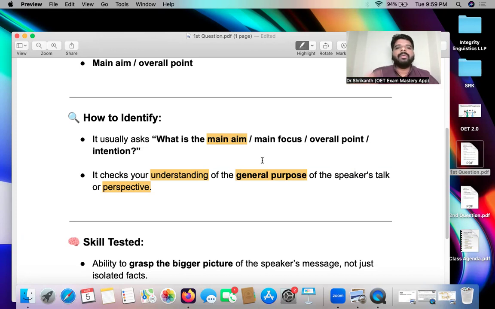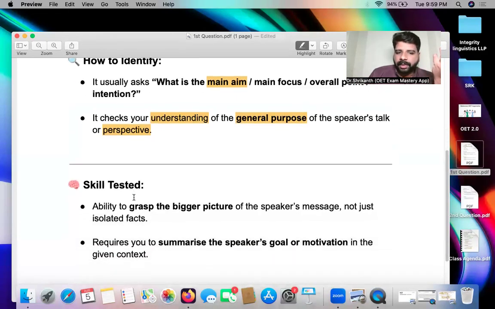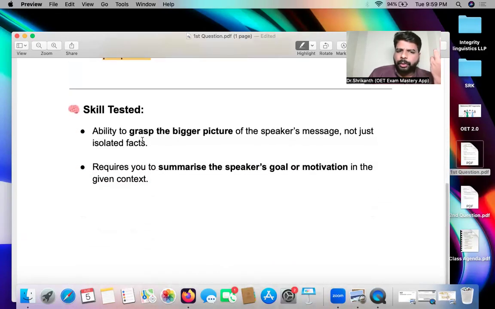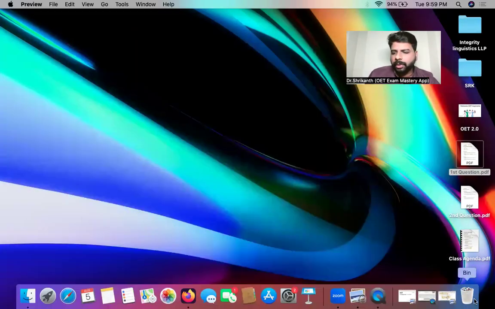But you have to understand this is the priority of the person, by giving importance to the perspective. So you have to think from the speaker's perspective as well, and then find the overall point of the speaker's message. You should be able to grasp the bigger picture, not just facts, and summarize the speaker's goal or motivation. I'll send this document to you later on.